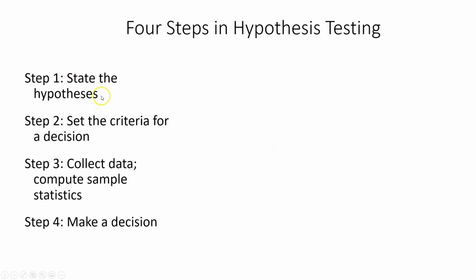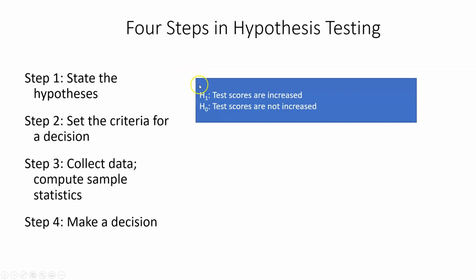Step 1 is to state the hypotheses. In this case, instead of saying that the mean is different from the population mean, we would say the test scores are increased rather than different from. And then the null hypothesis would be that the test scores are not increased. In statistical notation, we would write this out like this.